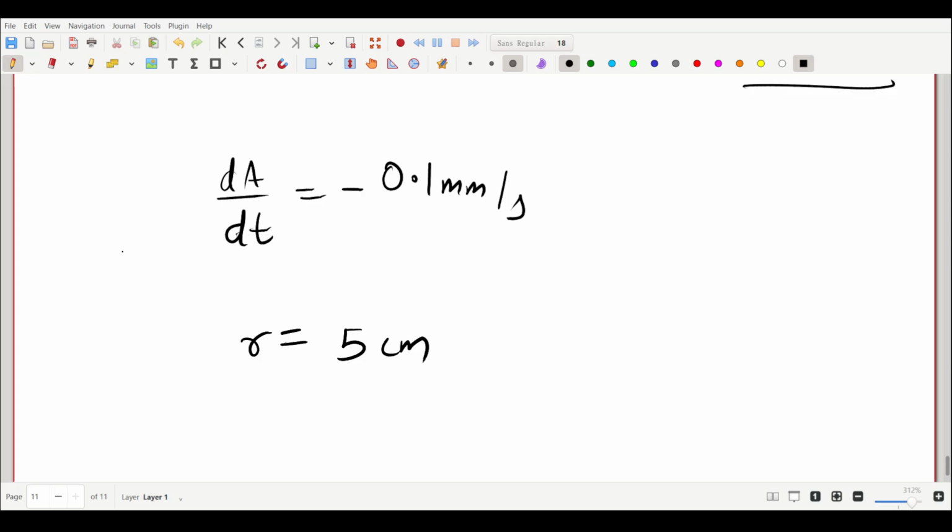This time I have not given you the direct Weber equation, the flux equation. I have given you what? Area relation. Area is changing at the rate of 0.1 mm per second, and since it's shrinking, so negative 0.1 mm per second. 0.01 mm square.